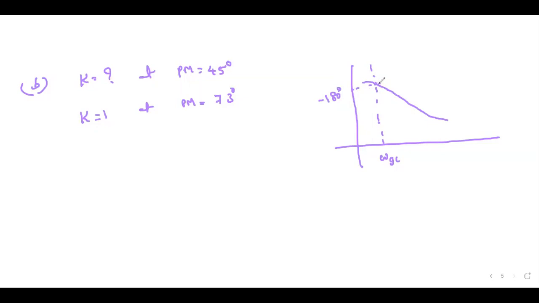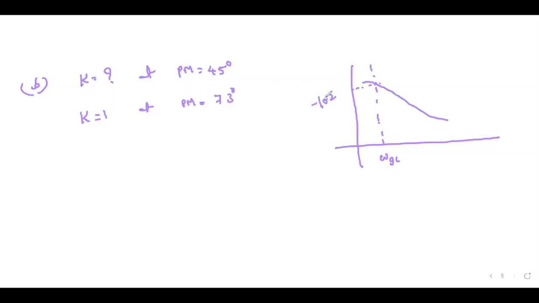At this omega GC, what is the angle we had? I think 107. Yes, sir, 107.